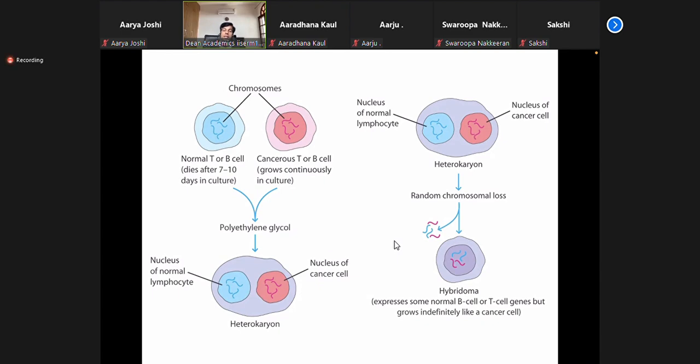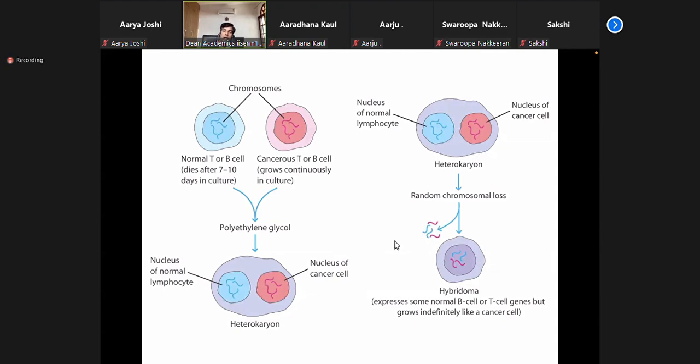Now, the question here is, because you are already starting with diploid cells, your B cells are diploid, your cancer cells are diploid, the myeloma cell that you're using for making hybridoma. So these are diploid cells, and you cannot really work with 4x number of chromosomes.